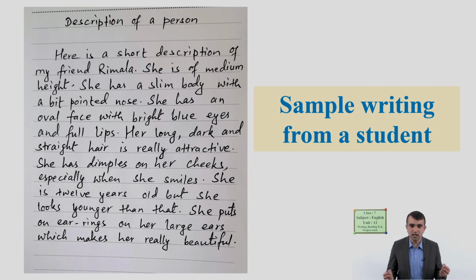Her long, dark and straight hair is really attractive. She has dimples on her cheeks, especially when she smiles. She is 12 years old, but she looks younger than that. She puts on earrings on her large ears, which makes her really beautiful.